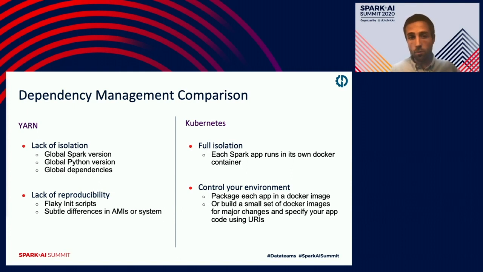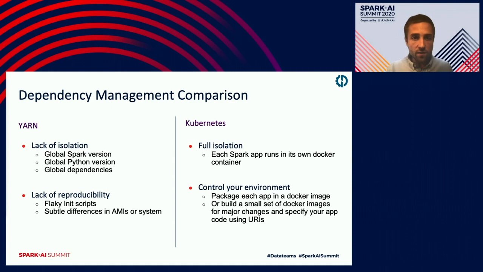You must have a global Spark version, a global Python version, and global dependencies that can clash against each other. Another common issue is the lack of reproducibility. You must run init scripts that can be flaky, or you're not entirely sure of the environment. Sometimes there are global system changes on the cluster that can affect your app.